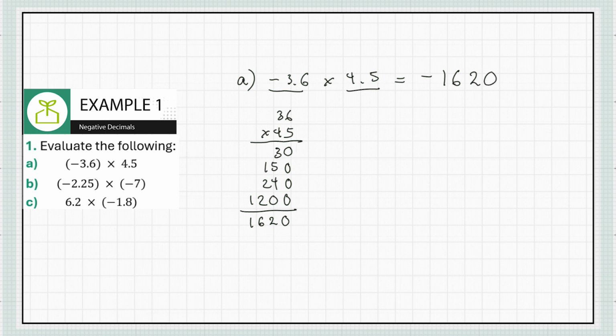When we're doing this, the only way this technique works is if at the end we look at the decimal numbers that we have and decide how many decimal places are in each. So we have 1 decimal place here and 1 decimal place here. That means our answer has to have the same number of decimal places, which is 2. So if I put the decimal place here, I have 2 decimal places. Okay? So the answer for A is going to be 16.20.